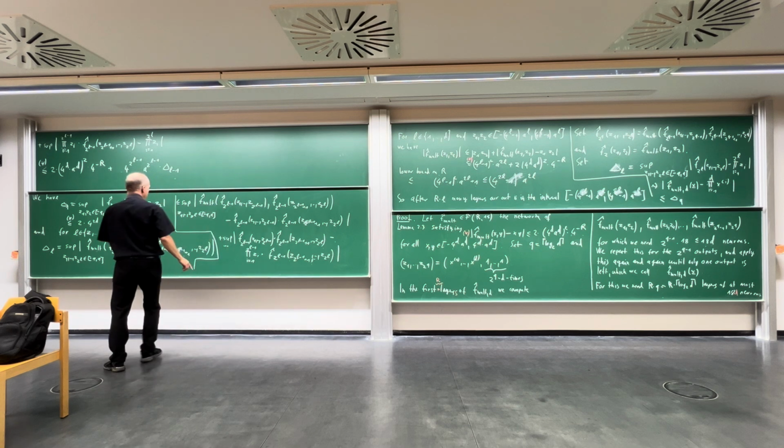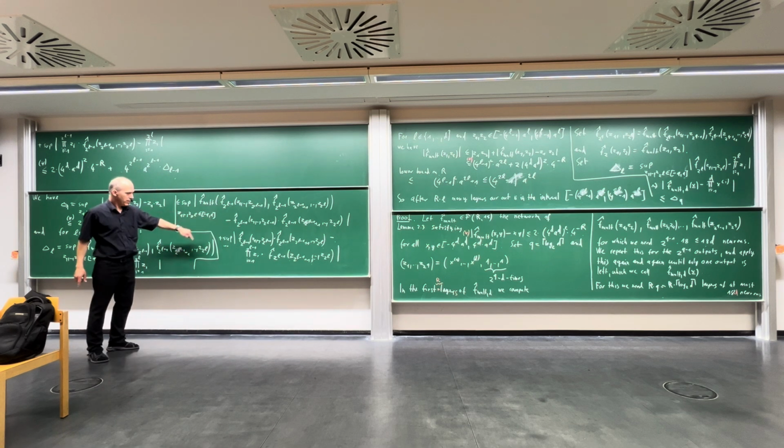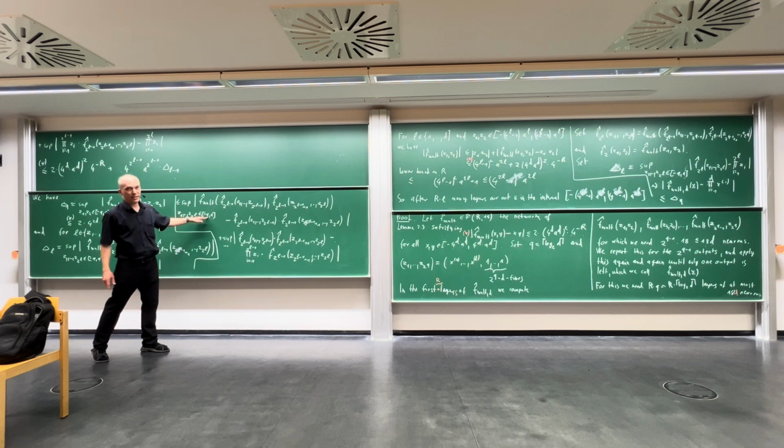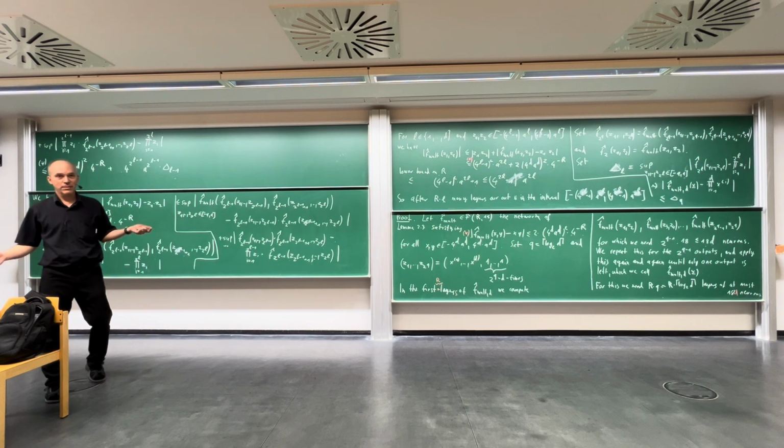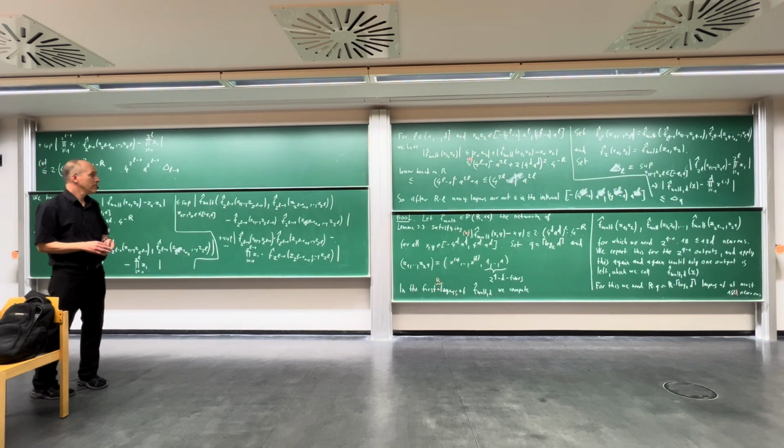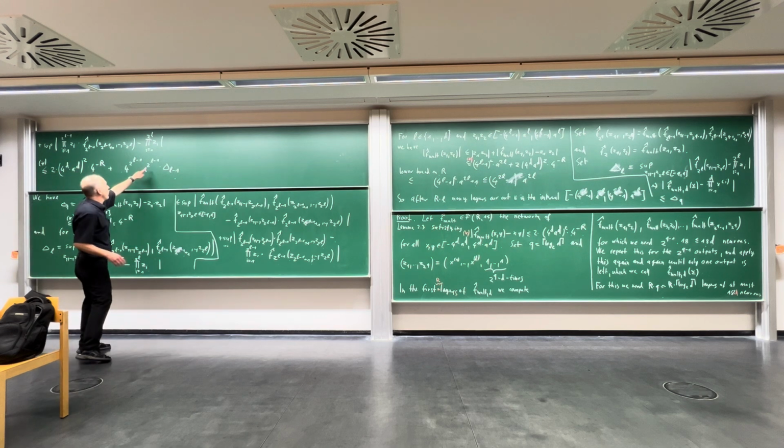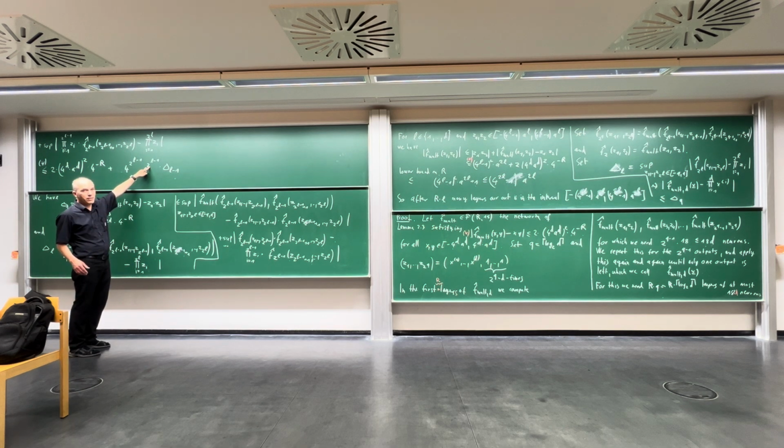Well, the z's are in these intervals, basically minus A to A. So it's A to the power of 2 L minus 1, with exponent L minus 1 many.